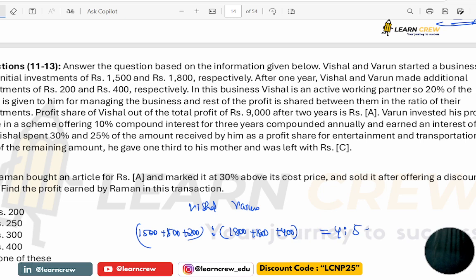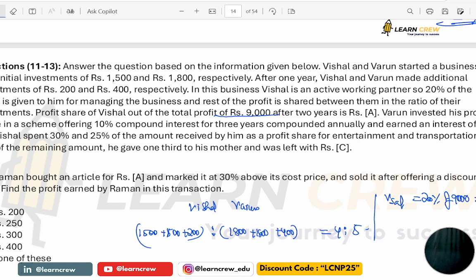So here, profit share of Vishal being the active partner is how much? 20%. So please see here, total profit is 9,000, which means Vishal's salary for being the active partner would be 20% of 9,000, which is 1,800.